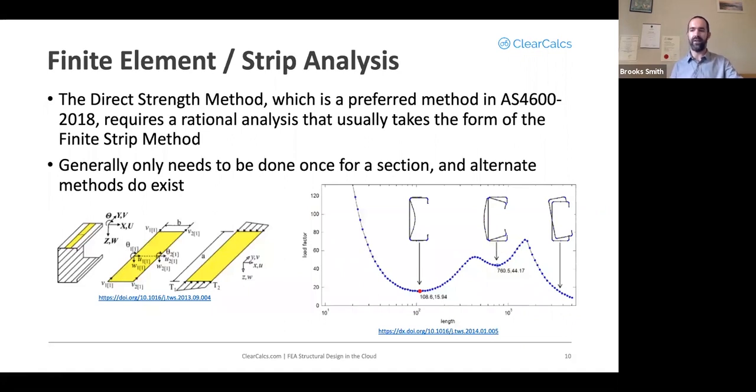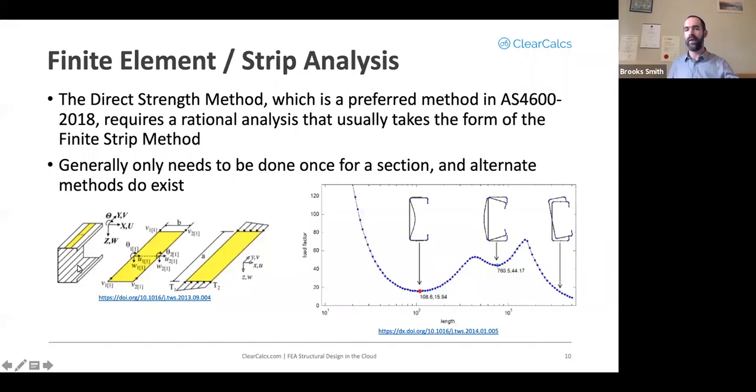Usually it's not going to vary depending upon how long your section is or your arrangement of supports or anything. The values you're going to get from that analysis are going to be the same no matter what. There are some alternative methods that exist for obtaining the values, not using the finite strip method, but we're going to be talking about the finite strip method here.